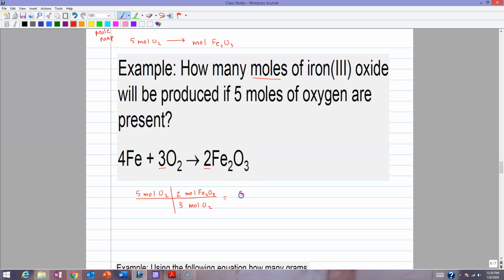So I'm going to take 5 times 2 divided by 3, and that's going to give me 3.3 repeating. So we'll just leave it as 3.3. Moles of oxygen have canceled out, and I'm left with moles of iron 2 oxide. Sorry, iron 3 oxide.